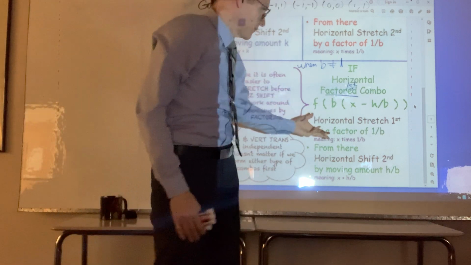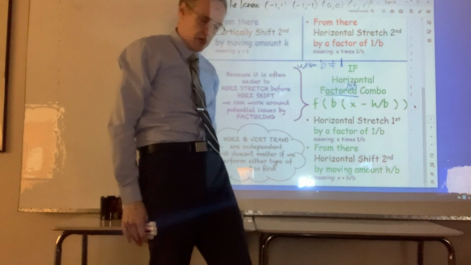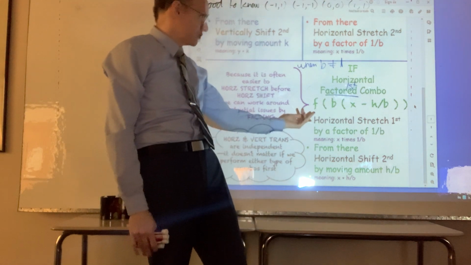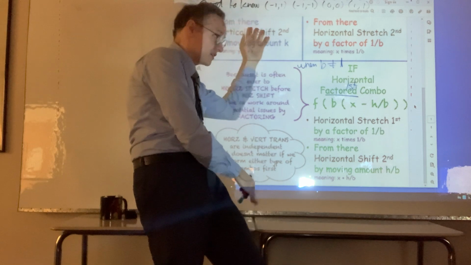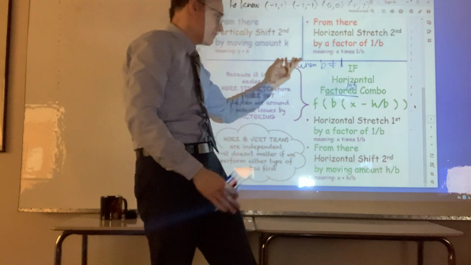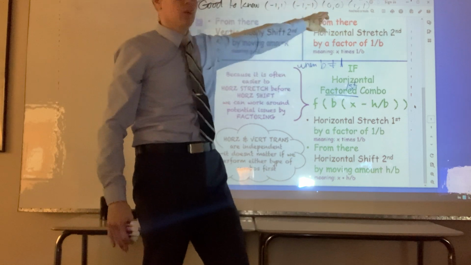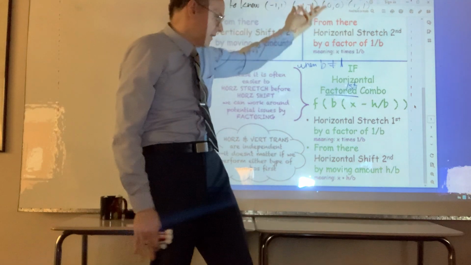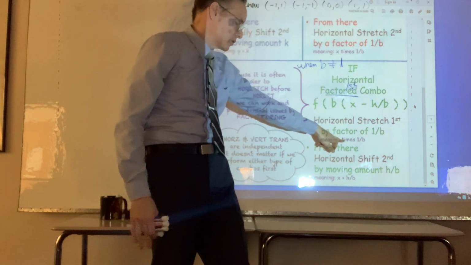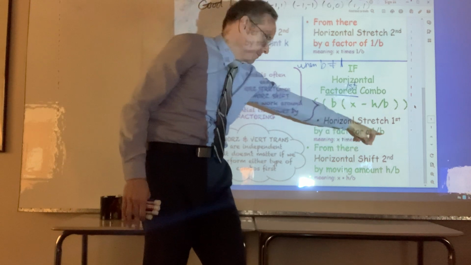Now, what does that mean? Once you have something in the factored form, we'll do the stretching first, similar to what we would do if we were dealing with vertical things exclusively. It means taking your x values that you happen to know from a regular version of your function, and then multiplying, I just wrote the word times here, by the reciprocal of whatever the b value is.